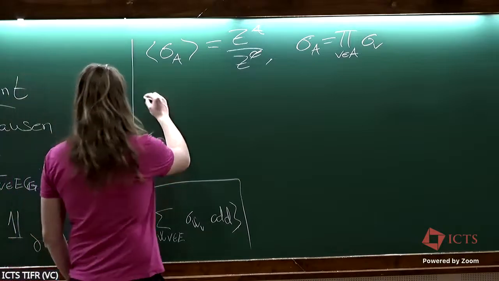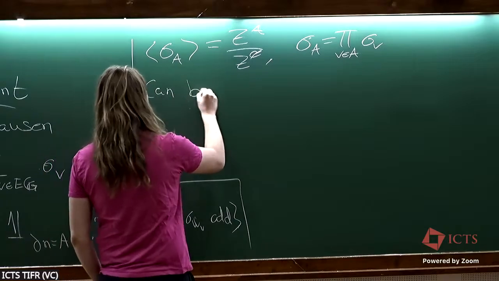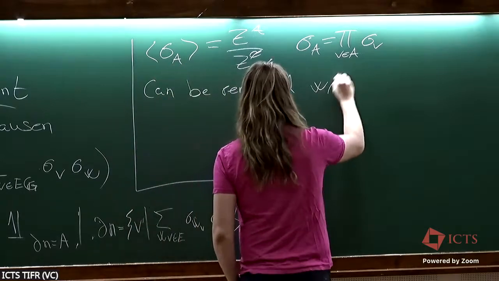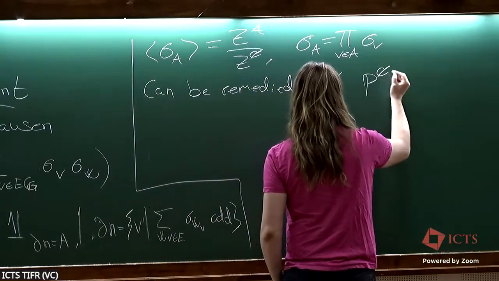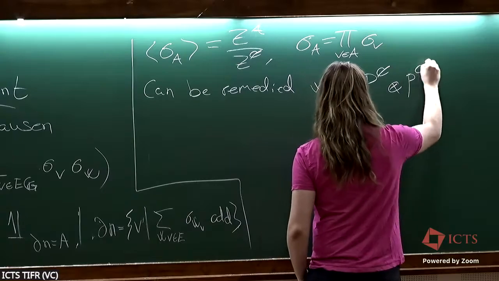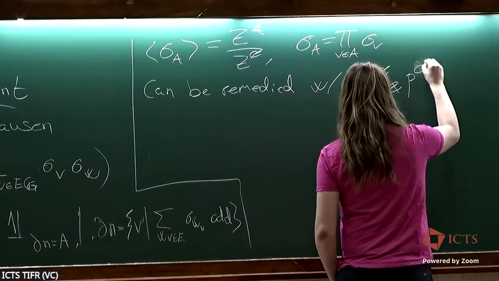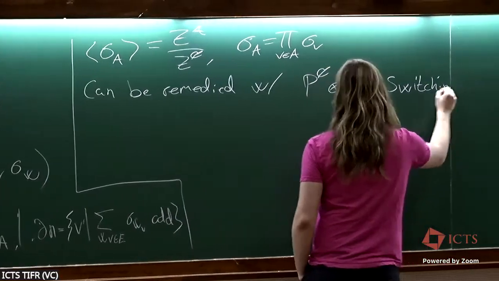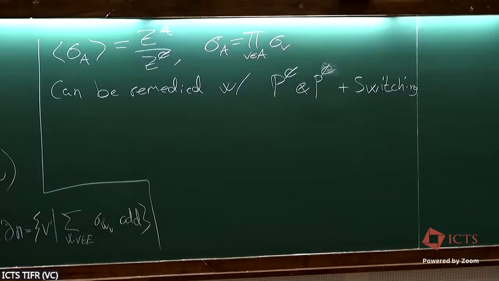So how do you remedy that? It can be remedied by using the product measure of two sourceless currents and using the switching lemma. But I'm not going to talk much about the switching lemma, so I won't introduce it particularly today.